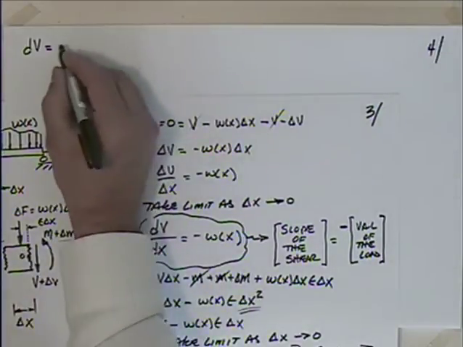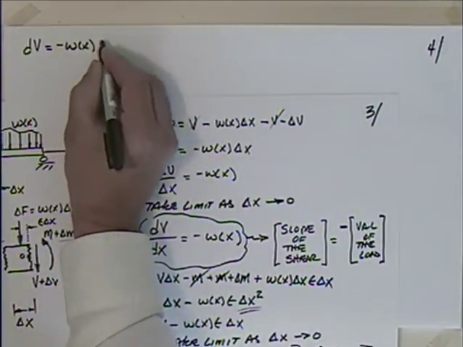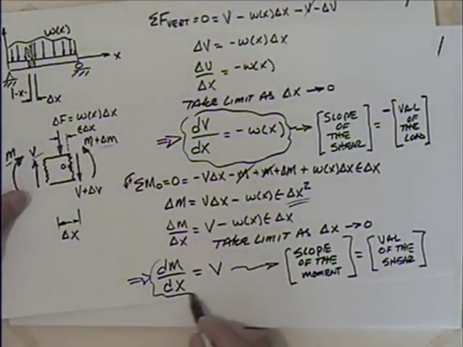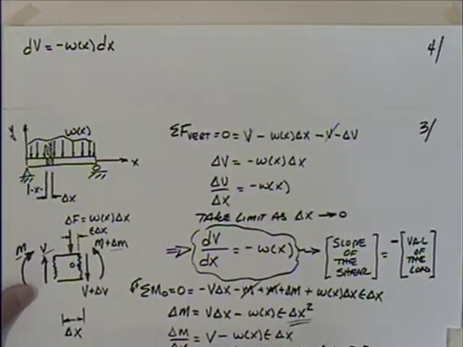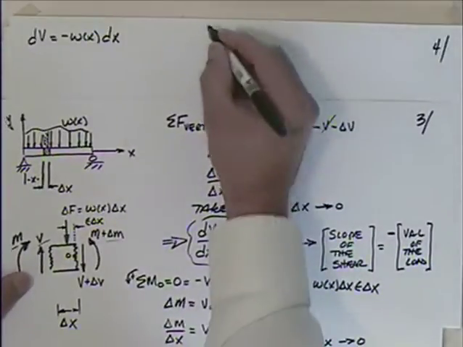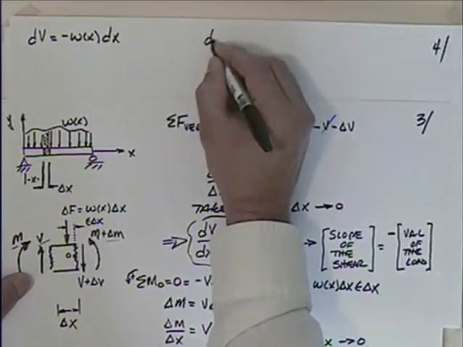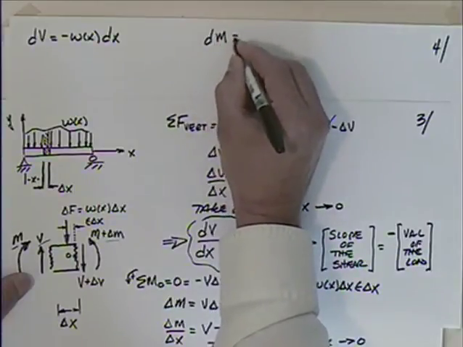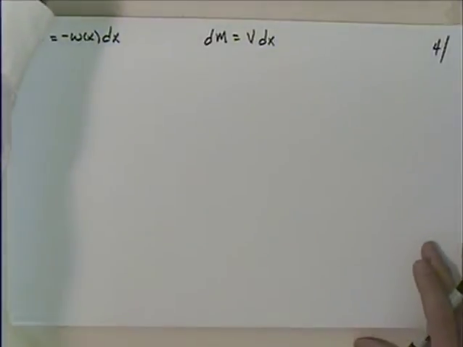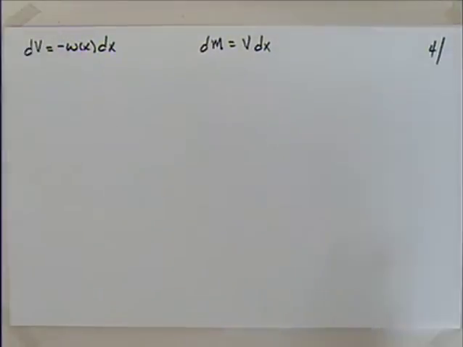So I have minus w of x dx. And I'm going to do a similar thing here. I'm going to say that I have dM is equal to V dx. Okay, so those came from our previous work. Let's see what I can do with these.